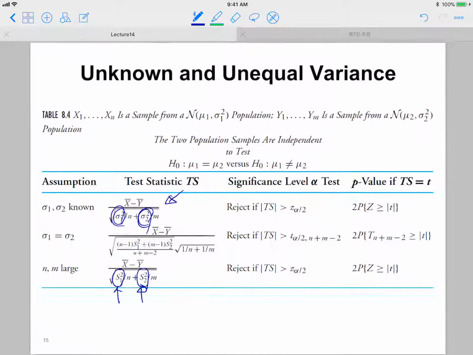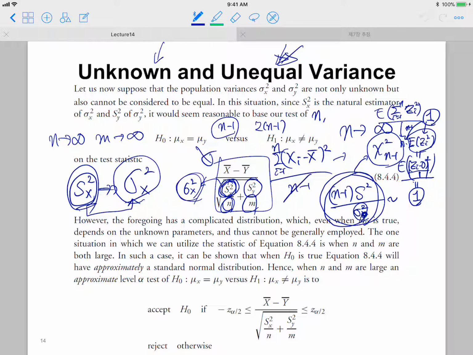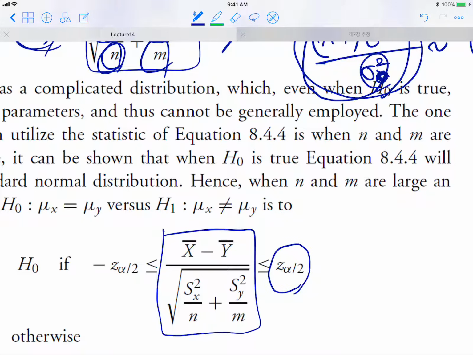Okay, so we use this really simple idea to form this test statistic, and then we model it as what? Instead of a t distribution, we model it as a standard normal random variable, right? Because these will no longer be a chi-square distribution or whatever. They are just assumed to be a fixed value because n and m are really large.